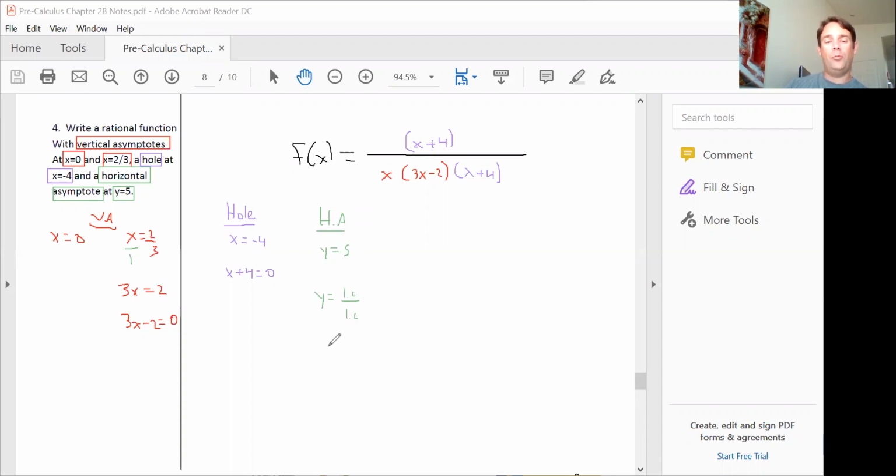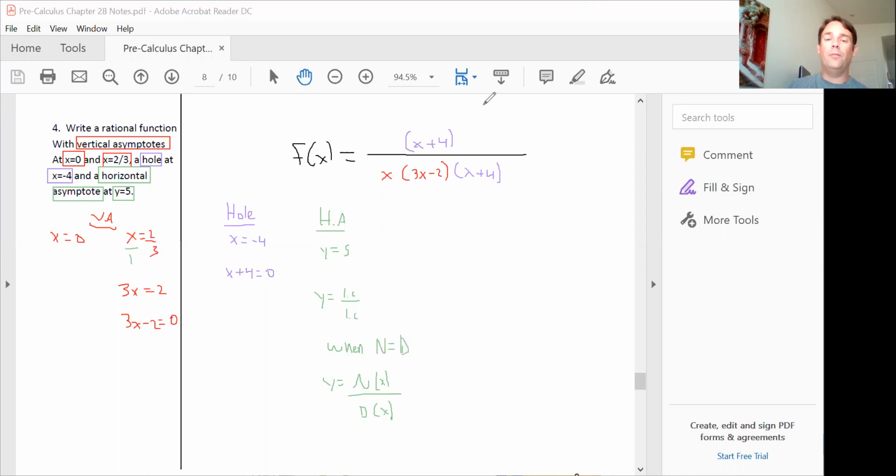And that happens when the degree in my numerator is equal to the degree in my denominator.